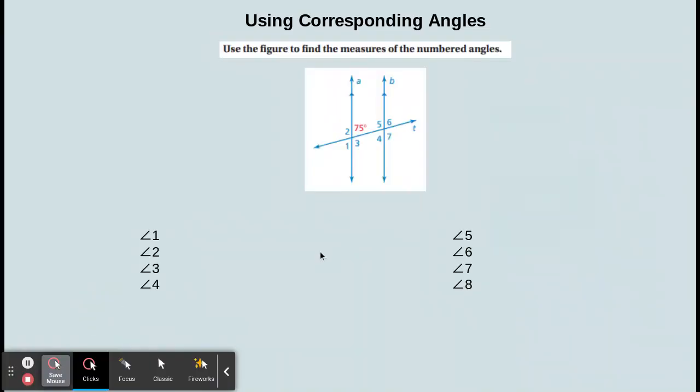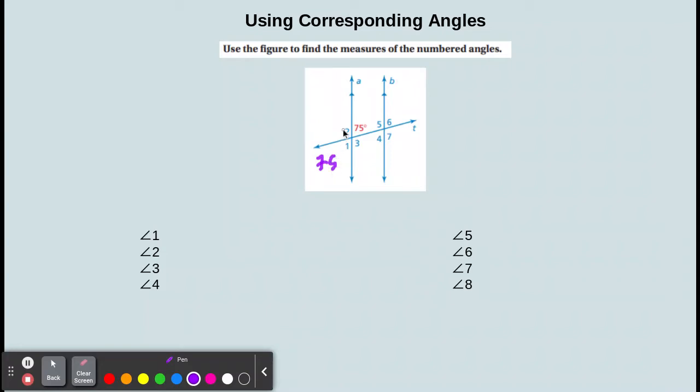Okay, now we can talk about using our corresponding angles to help us find angle measures like we did right before we wrote our notes. So in this one, angle 1 and 75 degrees, those are vertical angles, meaning angle 1 is the same as 75 degrees.